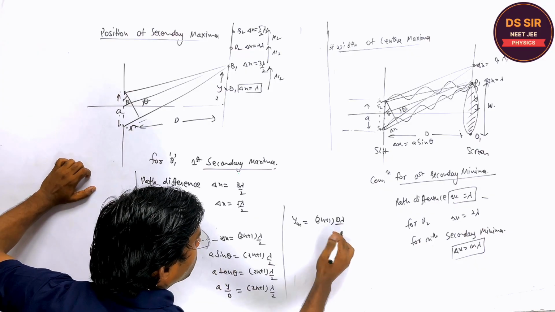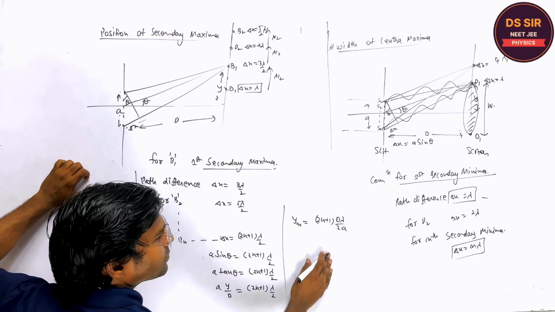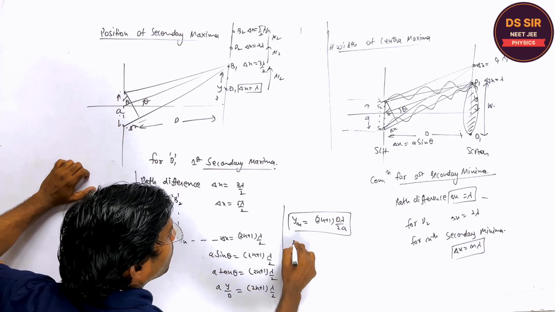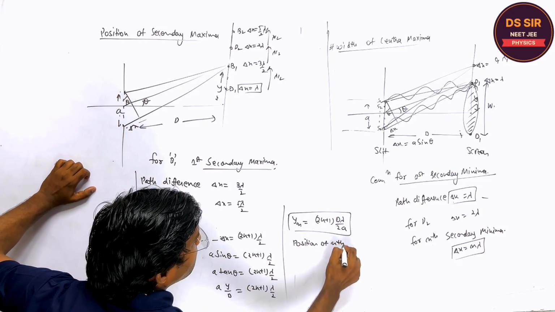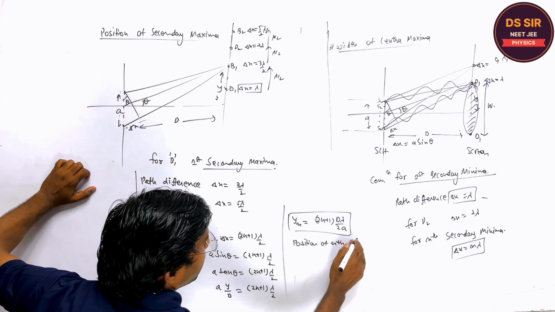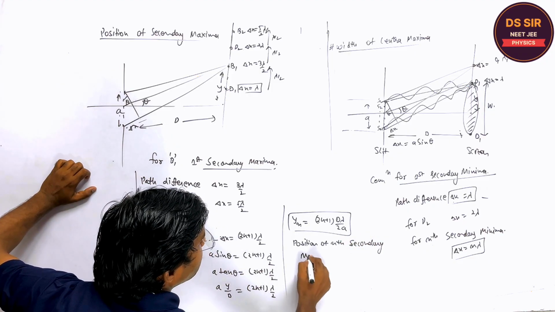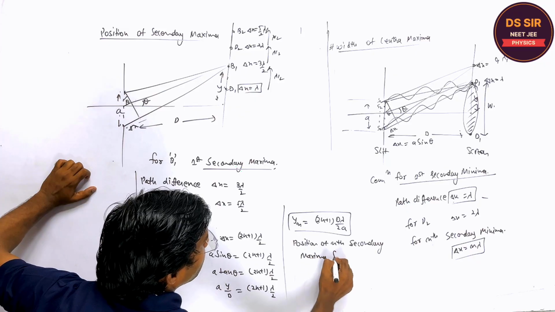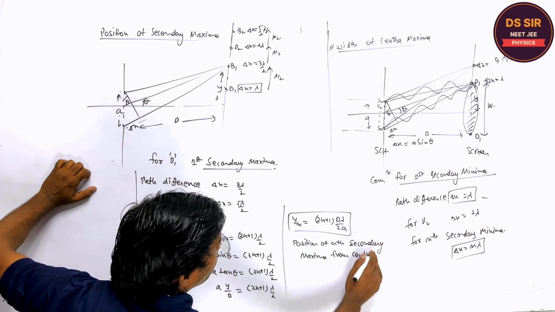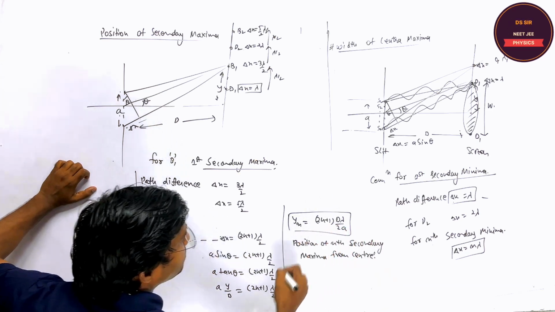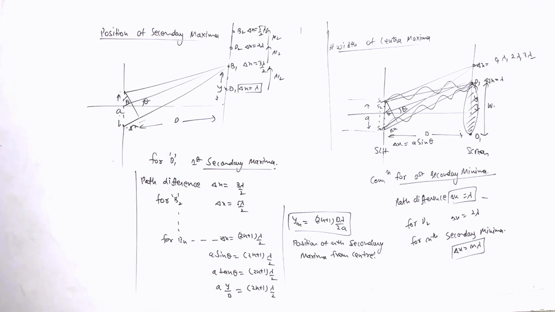Is it clear? So this is the position of the nth secondary maxima from the center. That's it. Sanjay, you are getting this thing? Copy this.